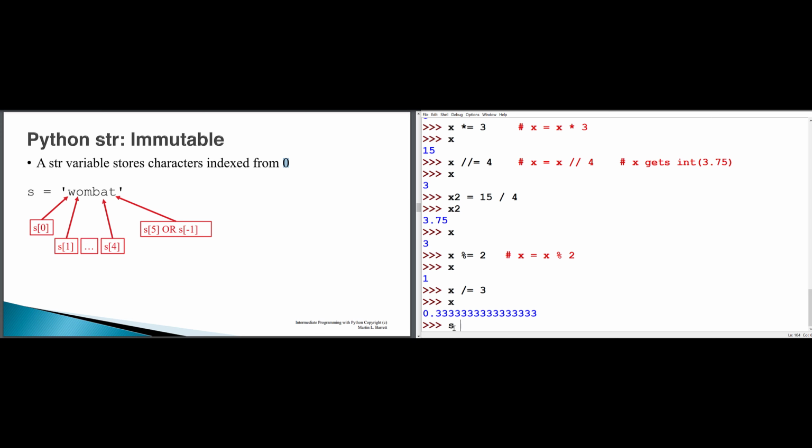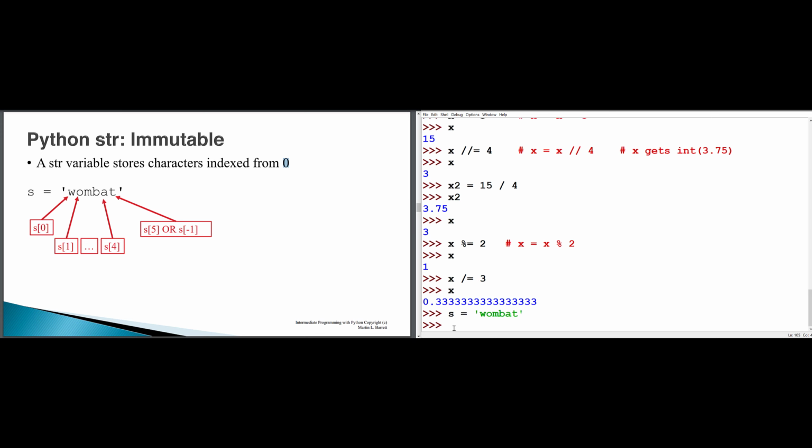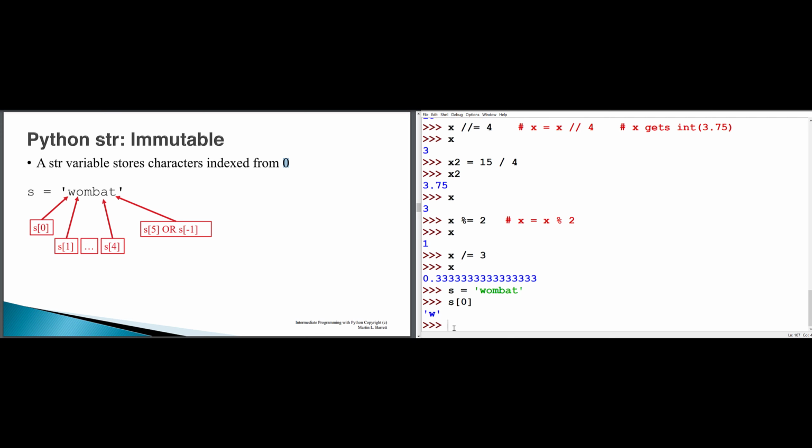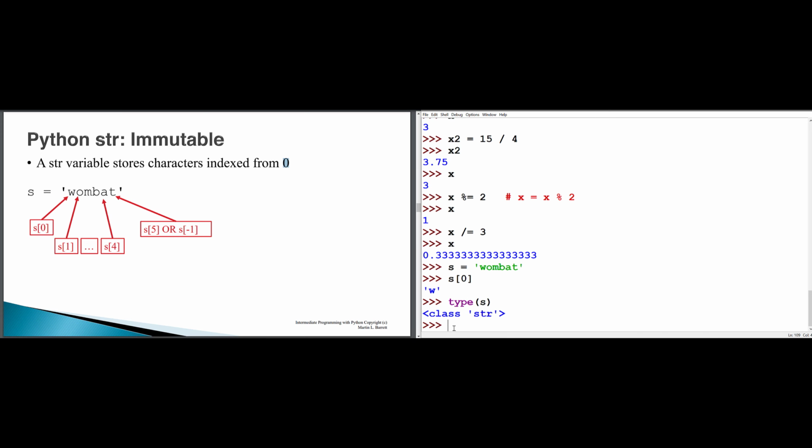So here I'm saying s gets wombat, and now s sub 0 is going to be the one character subscript starting from the beginning of the string. So that is still a string. S is a string. S sub 0 is also a string.